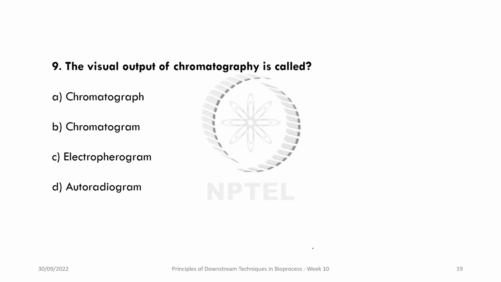Question 9. The visual output of chromatography is called, again, one happy question for you. I have already taken it out, so it's 50-50. Tell me what it is.